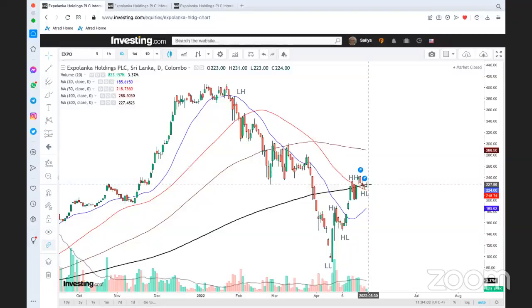Most of the time we respect this uptrend in the daily chart because it's relatively a long-term chart compared to the shorter time frames. Of course, not longer compared to the weekly or the monthly chart, but since we are now coming out of a downtrend in the daily chart, we are using the daily chart trend confirmation.